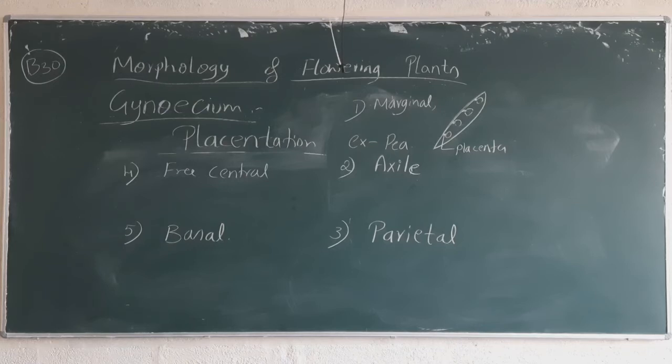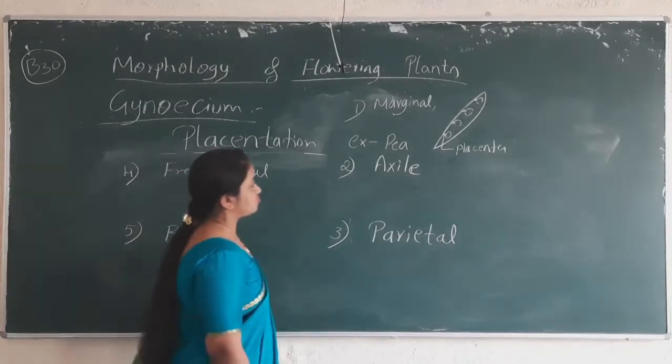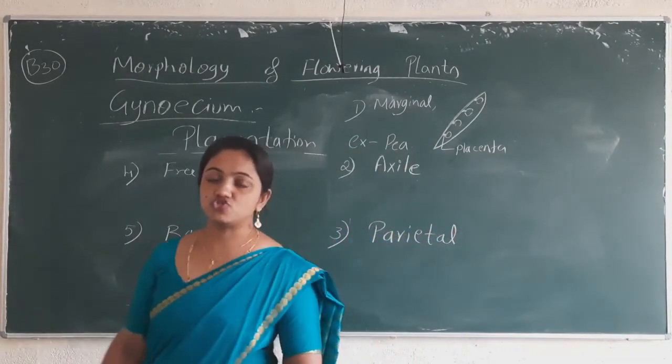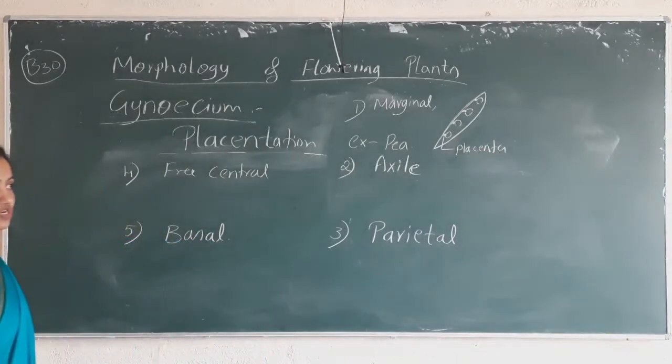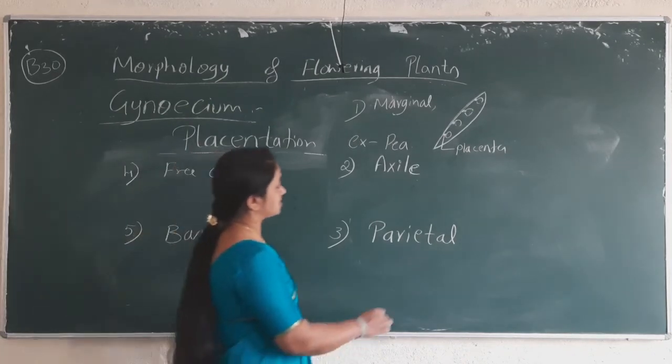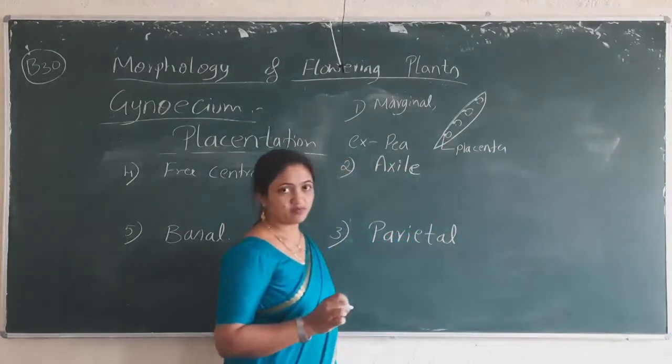The next is axile placentation: China rose, tomato and lemon. Usually we cut the lemon in the transverse manner. Right? I'll take the example of lemon.